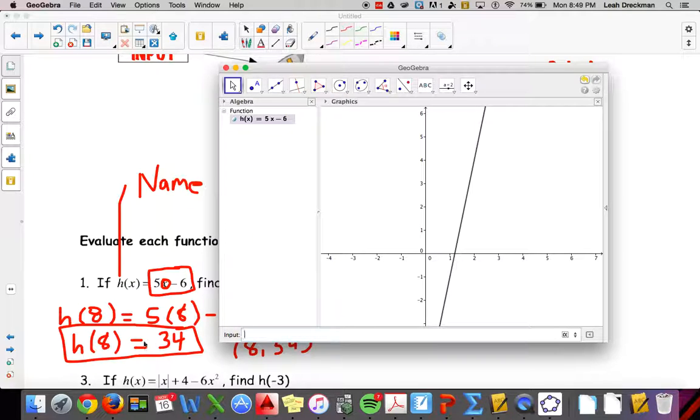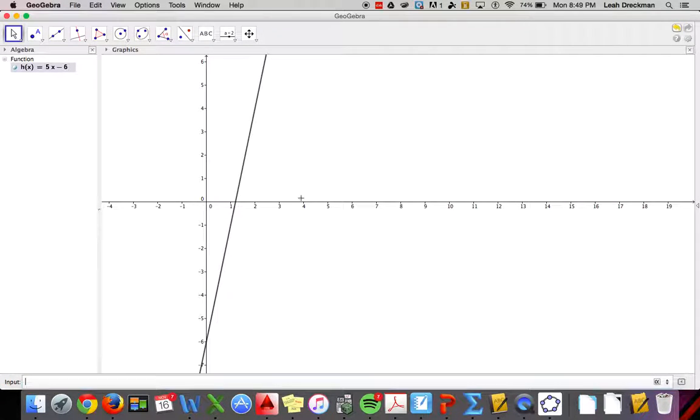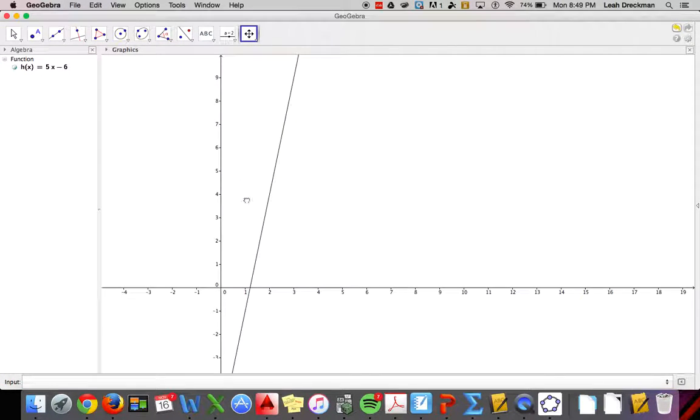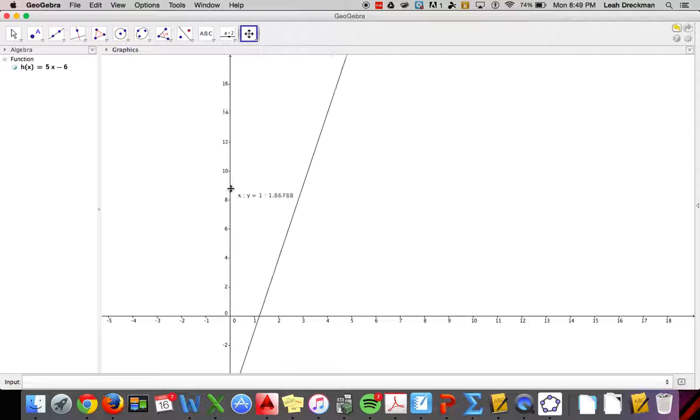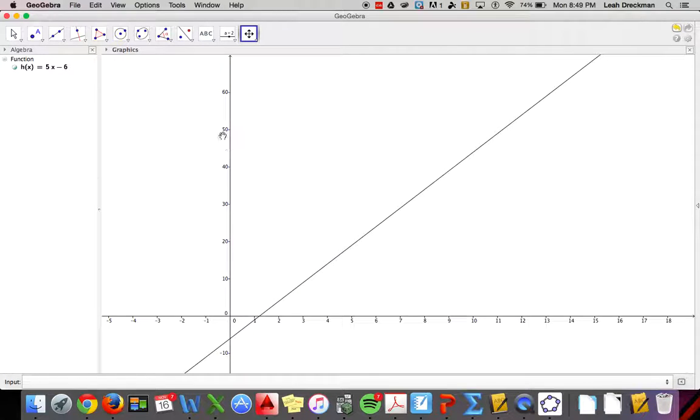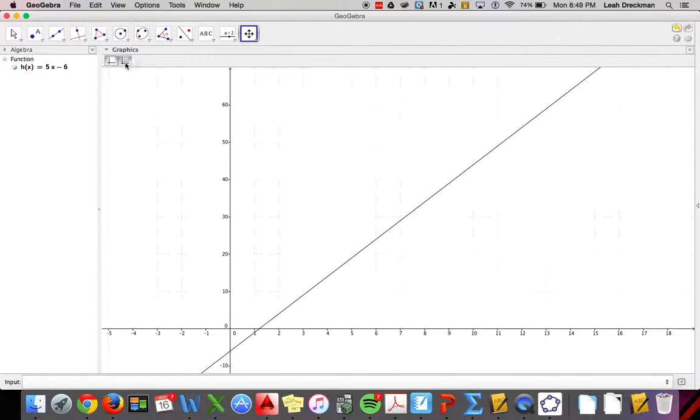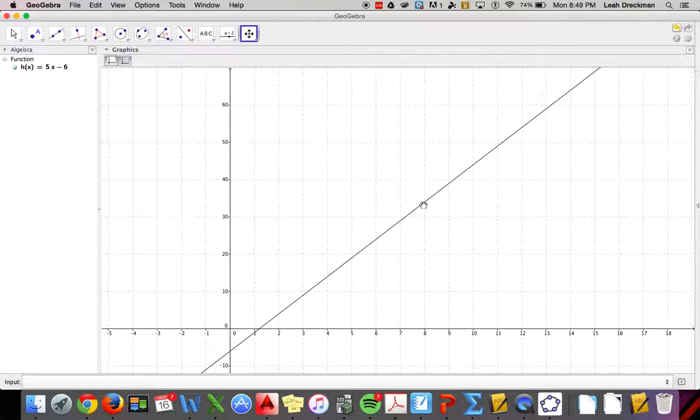And our input of 8 has an output of 34. Let's just check to see if that's accurate. Input of 8 has an output of 34. Yep, that seems very logical. Here's 8, and if you track that over, there's an output there of 34.